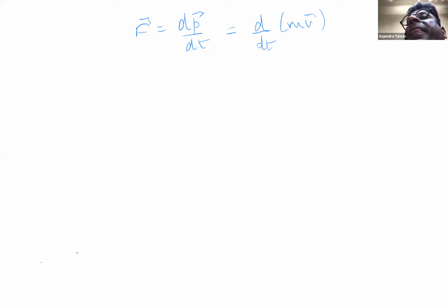Now, in this slide, what we'll see is the following. Here's Newton's second law for linear motion: dp by dt, and this is equal to d by dt of p, where p is m times velocity.